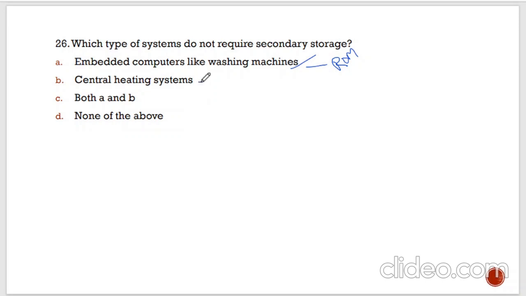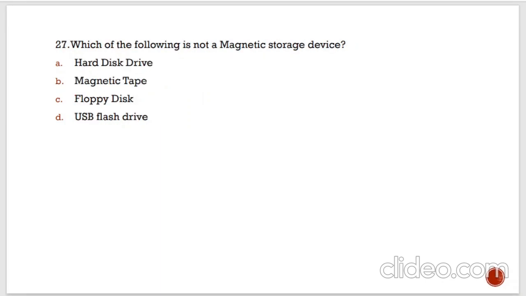Central heating systems like ovens will also have only some set of options, which can be directly stored in ROM. That is why they don't require storage devices. So both A and B, washing machines and central heating systems, don't require any secondary storage.